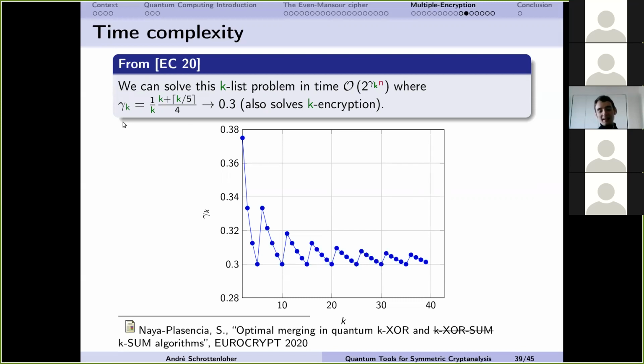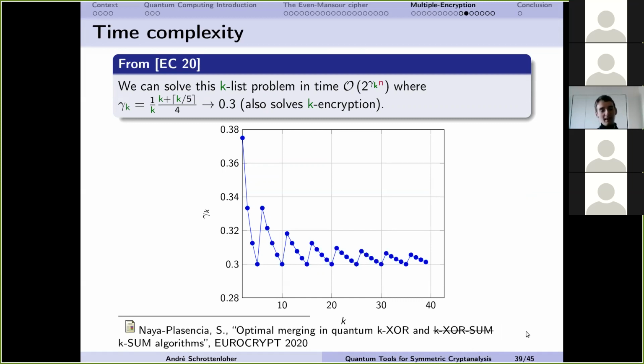So when you cut the search space into k parts and k goes to infinity, then the complexity goes to 2 to the 0.3n. These were the results that we had last year in Eurocrypt. And I'm also advertising the fact that the paper was incorrectly referenced by Springer with the wrong title, so now it should be corrected.